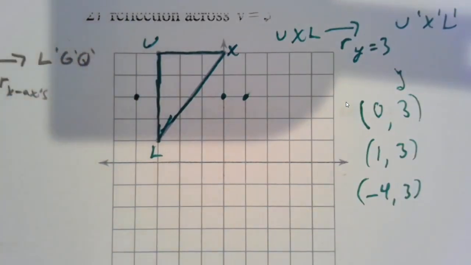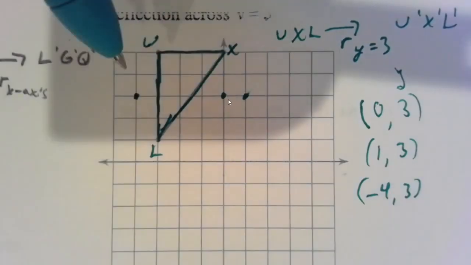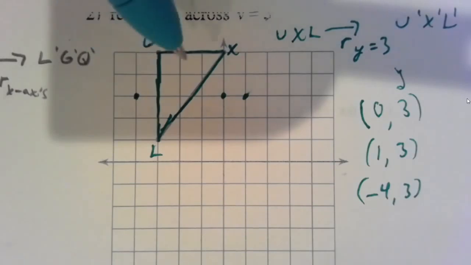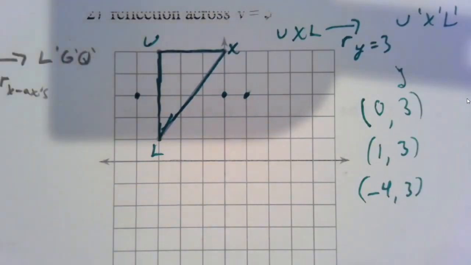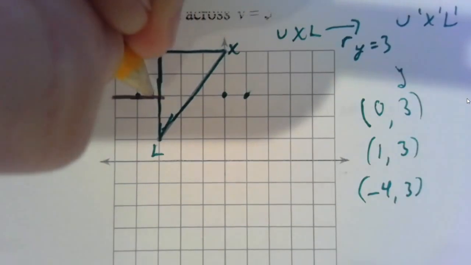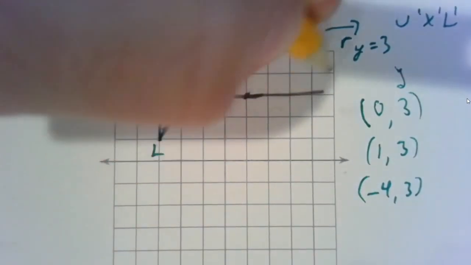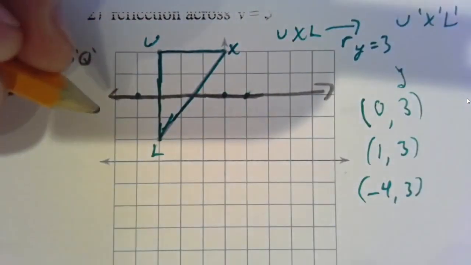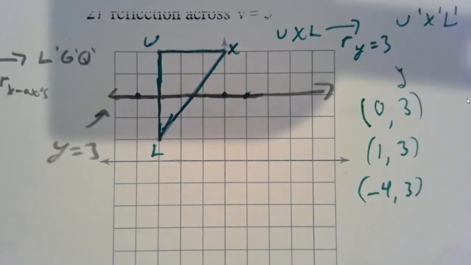And notice all of these points are along this one line going this way. Here we go. All of these points are going along this line this way. So this line over here, and I'll do it in pencil so I don't have too much blue. This line over here is the line that I want to reflect over. This is the line y equals 3. After that, it's the same set of steps as we've done before.